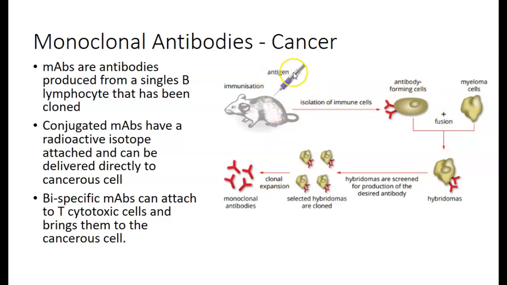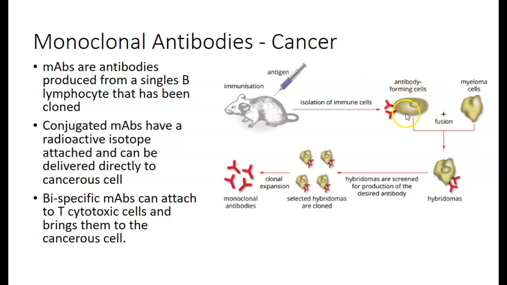So the antigen in question, whatever we want the monoclonal antibody to be specific for, the antigen is injected into an animal host, in this case a mouse. Once the immune response has been triggered in the host, the antibody forming cells will be isolated. What are the antibody forming cells? The B lymphocytes that have been activated.